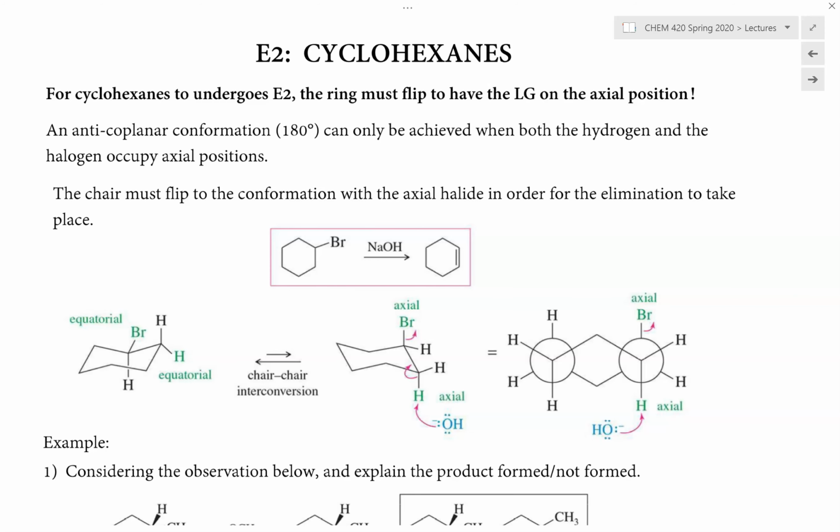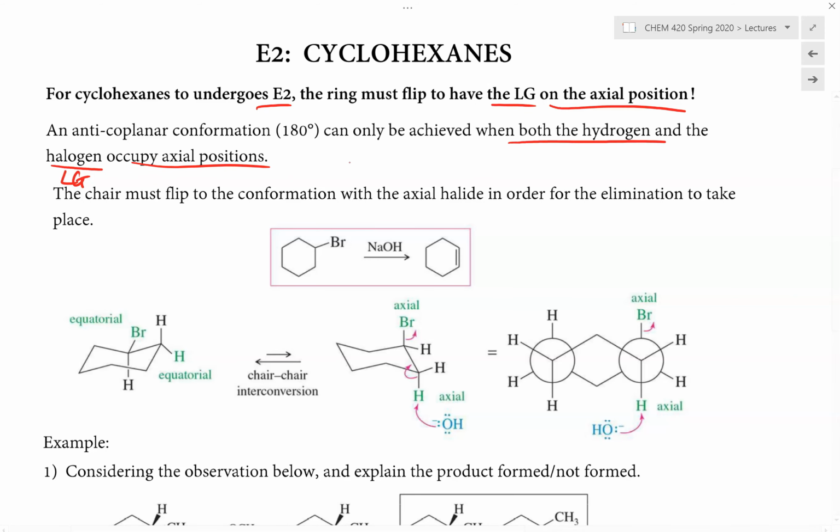And now, let's discuss the E2 reaction whenever we have cyclohexane as our substrate. For cyclohexane to undergo the E2 reaction, the ring must flip to have the leaving group at the axial position in order for it to take place. The reason is that the anti-coplanar conformation can only be achieved when the hydrogen and the halogen or the leaving group occupy the two axial positions right next to each other.